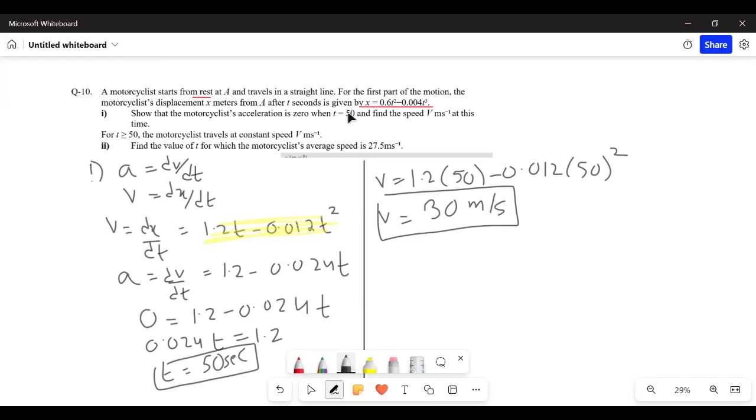Okay. Next part is, when time is greater than or equal to 50, the motorcyclist travels at a constant speed.